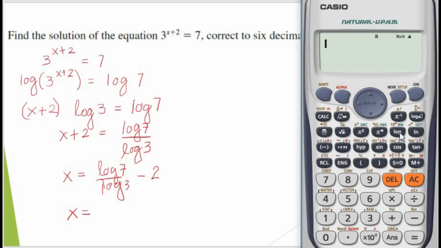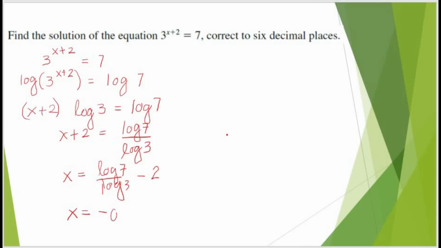We have log of 7 divided by log of 3 minus 2 equals, we have, our answer is negative 0.228756. So the answer is negative 0.228756, and this is our answer.